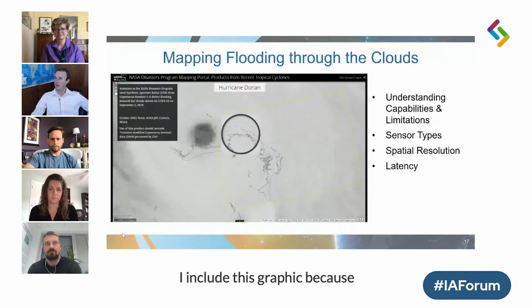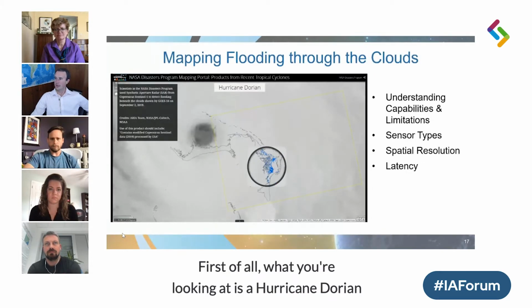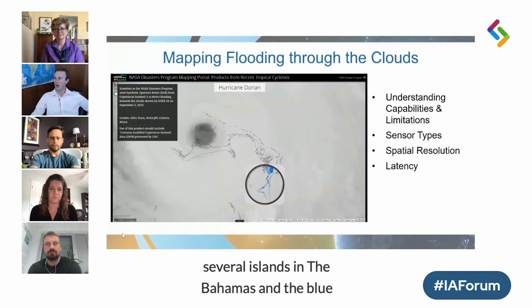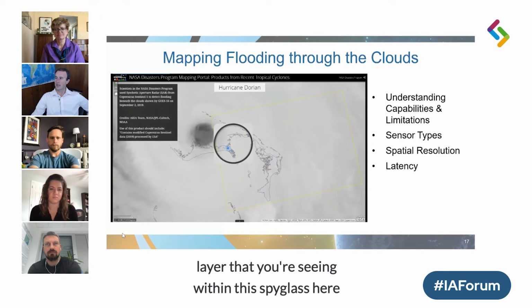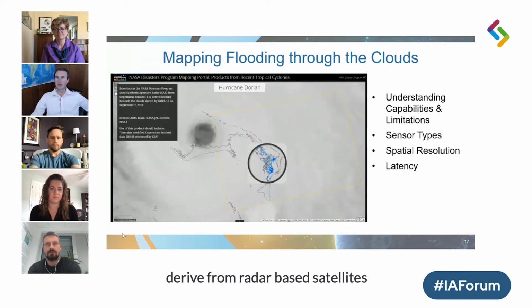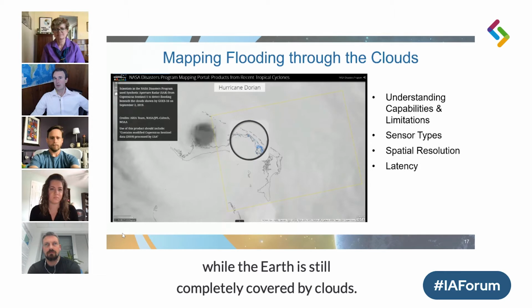I include this graphic because it highlights a couple of different things. First of all, what you're looking at is Hurricane Dorian as it's actually passing over several islands in the Bahamas, and the blue layer that you're seeing within this spyglass here is actually flood extent mapping that we are able to derive from radar-based satellites while the Earth is still completely covered by clouds.